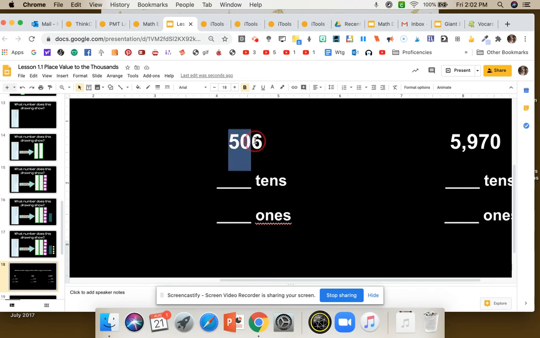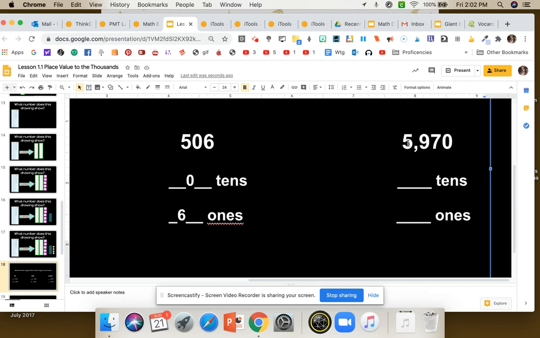So if I look at 506, I'm thinking how many tens? Well, guys, there's a 0. So if there's a 0 in the tens place, there's no tens. You just put a 0. Then I'm going to look at the ones place, and I'm going to stick a 6 because we have 6 ones.